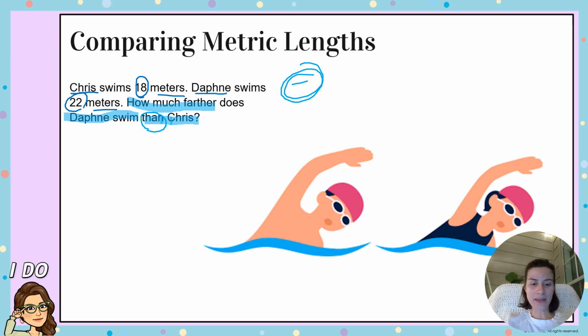Now let's look at our picture. We're going to use this picture to help us understand the problem more because that's the step we're in, step 1. This is Chris. Chris swims 18 meters.